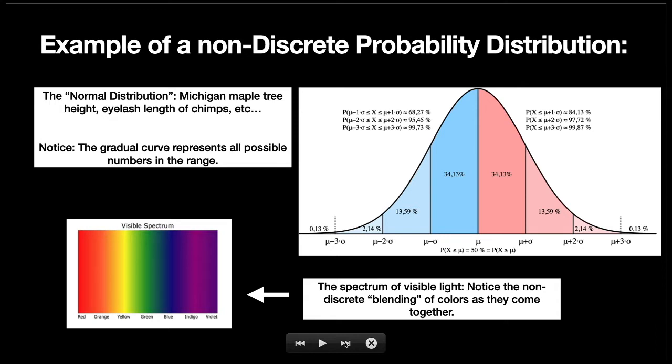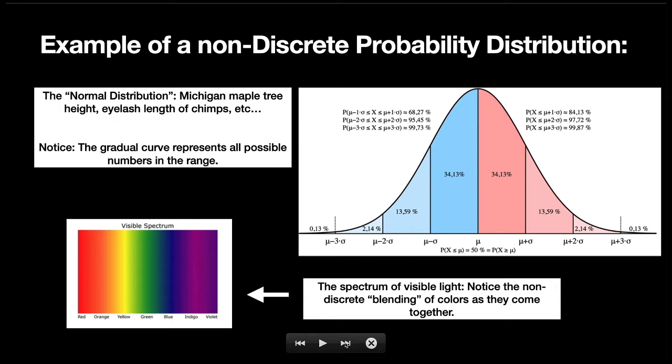Another couple examples might be the eyelash length of chimps in Uganda, or the height of a population of males in Ohio. And a good example of this is also the visible spectrum of light. If you look down at the picture in the bottom left, you can see the Roy-G-Biv, the colors of the spectrum: red, orange, yellow, green, blue, indigo, and violet.